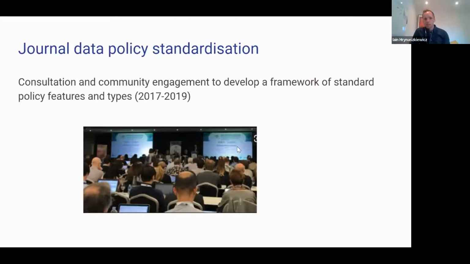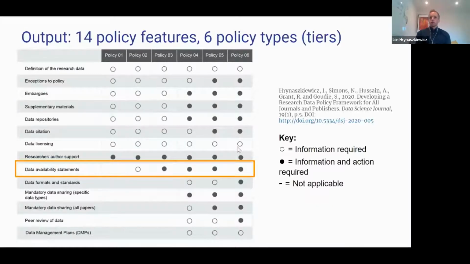We've had a particularly strong focus on journal data policies, and one of the main outputs of this group, and thank you everybody who contributed to its development, is a framework of journal policies which includes 14 standard features of journal research data policies arranged across 6 different types or tiers or levels of policy, which have an increasing number of features and an increasing level of stringency as one moves from the first policy through to the 6th policy.